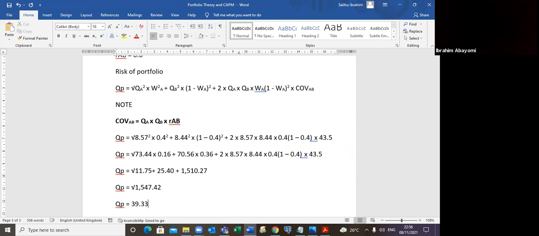That is the risk of the portfolio. So that is how to measure or calculate the risk of a portfolio.